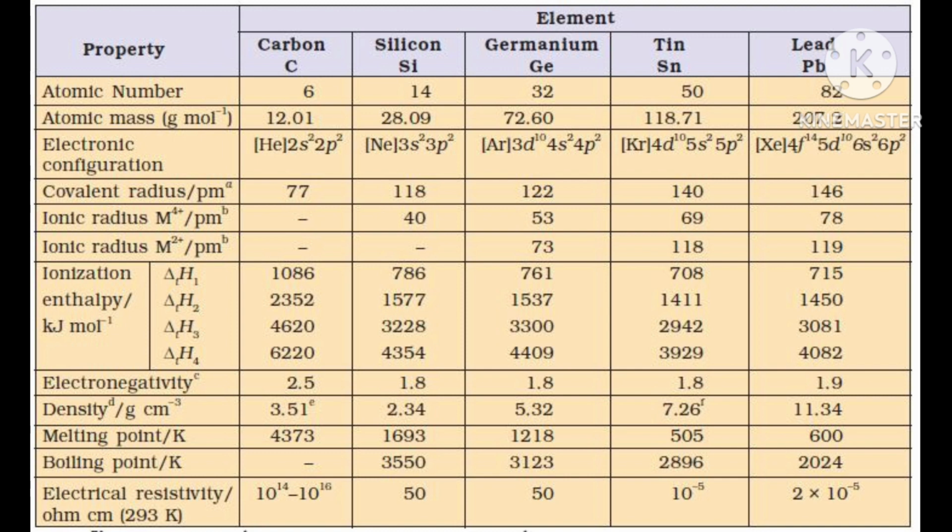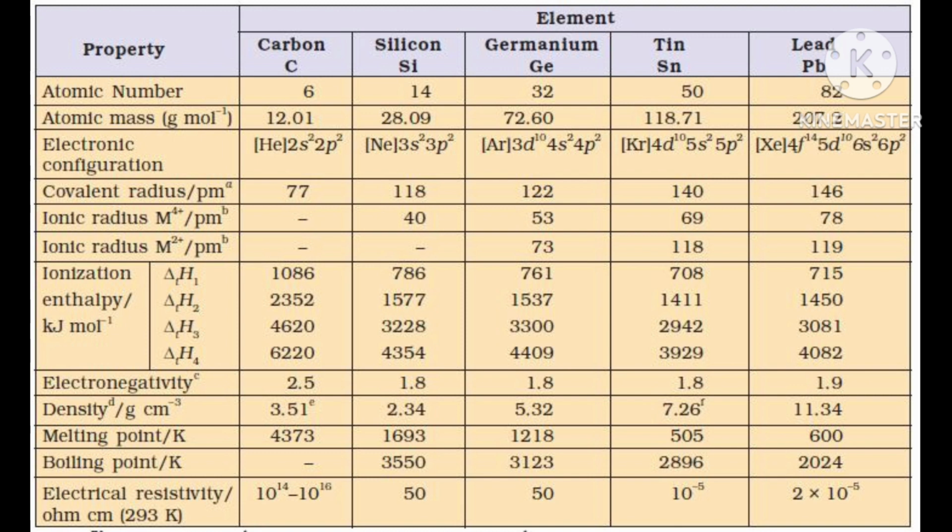What about germanium? Germanium forms stable compounds in the +4 state and a few compounds in +2. Germanium generally forms +4, and there are a few compounds where it will be in the +2 state.